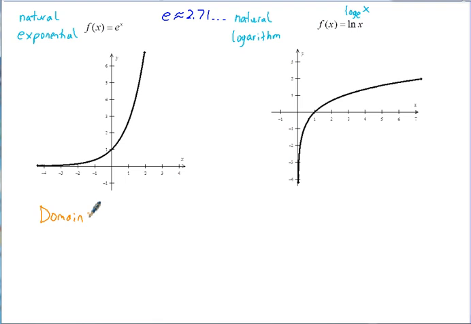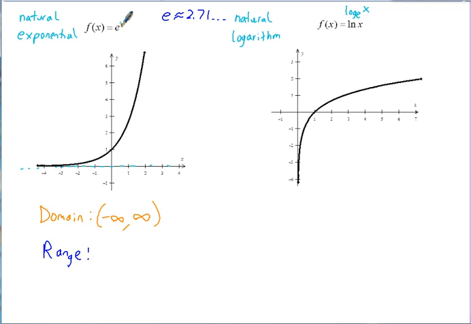The domain on the exponential graph, this goes left forever, negative infinity, and this goes right forever, to positive infinity. And in the range, it doesn't go down forever because it does have a horizontal asymptote right there at 0.